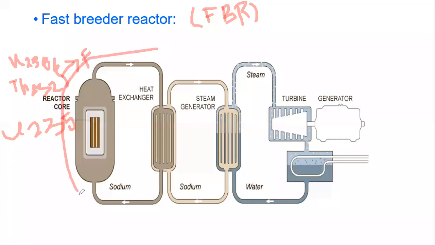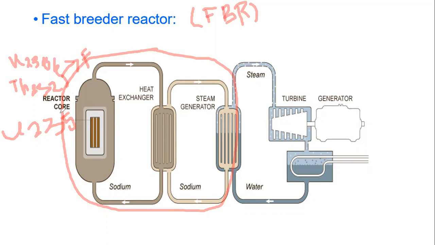This total construction is the FBR, the fast breeder reactor. In that we have the reactor core, heat exchanger and also the steam generator. The reactor core is totally surrounded with the fertile materials.